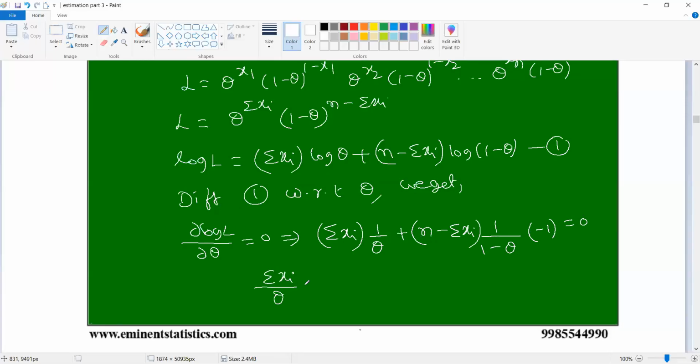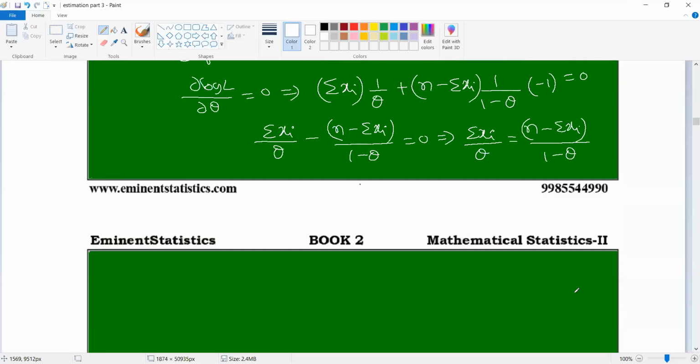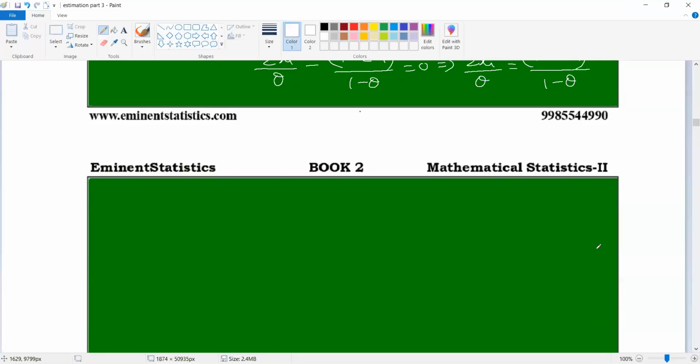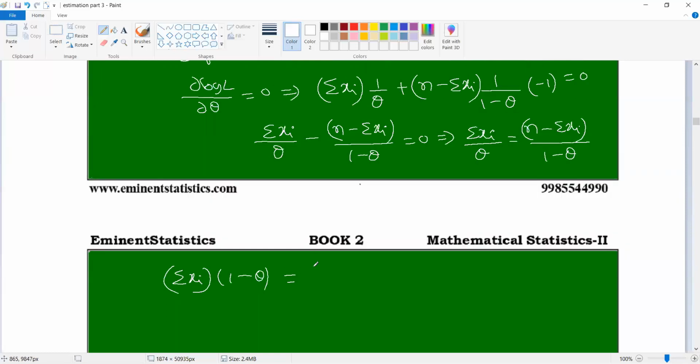Summation xi by theta minus n minus summation xi by 1 minus theta is equal to 0. Implies summation xi by theta is equal to n minus summation xi by 1 minus theta. By cross multiplication, summation xi into 1 minus theta is equal to n minus summation xi into theta.